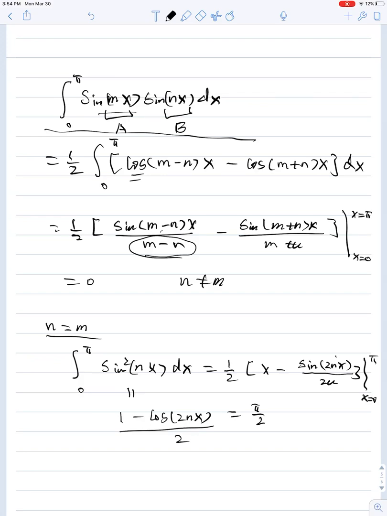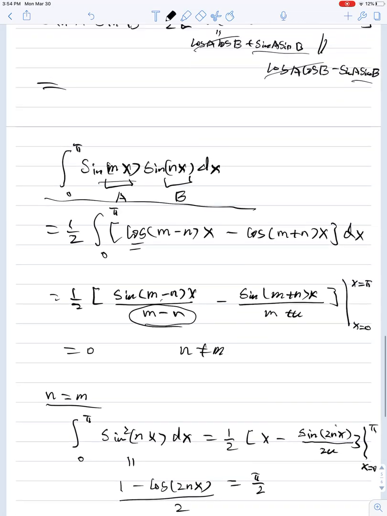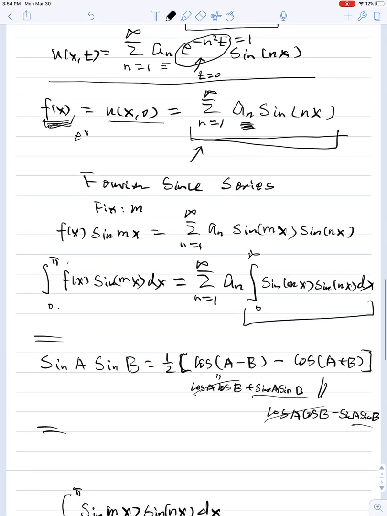All right, we now have evaluated these integrals. So we come back to this expression that we have here. When n is not m, all these terms would be 0. When n is m, this term would be pi/2.